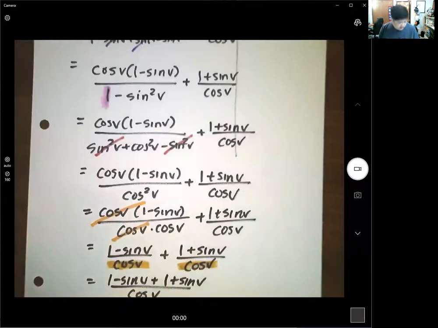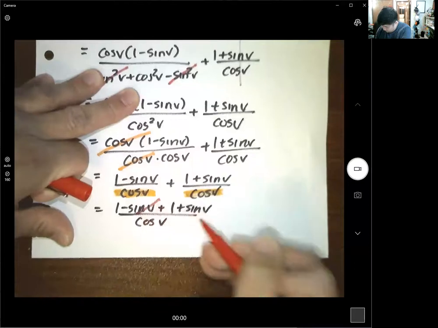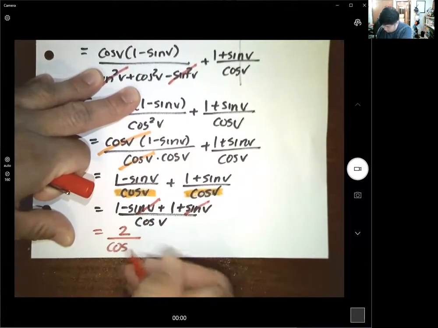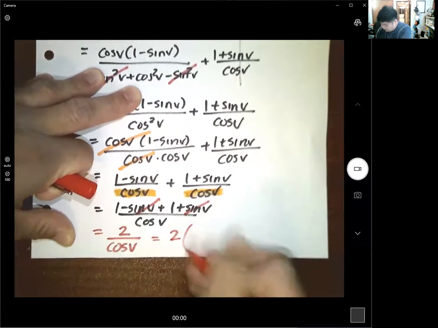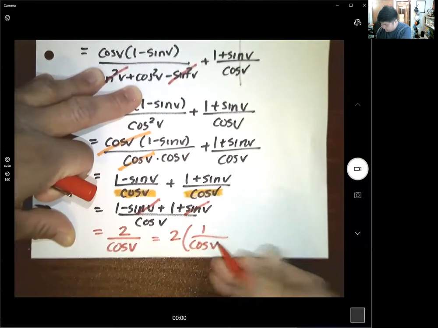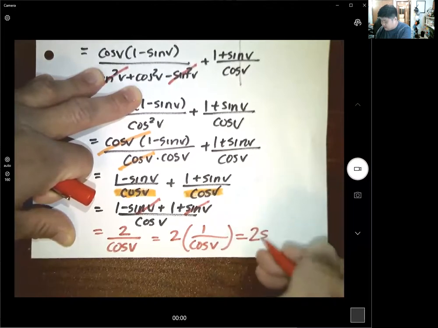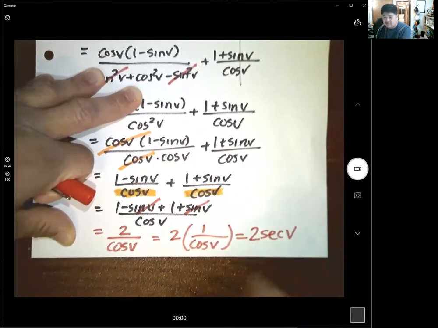Then, well, I think you get the point, that the sine of v's zero out. So I have 2 over cosine of v, or 2 times 1 over cosine of v. Right, that's the same thing. And 1 over cosine of v is secant of v.